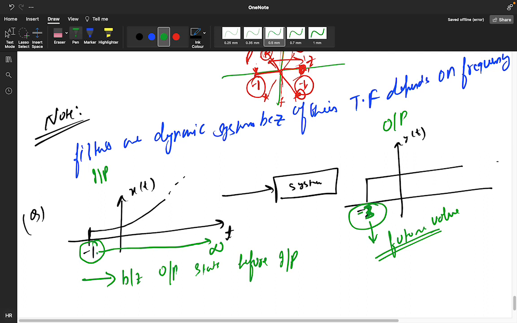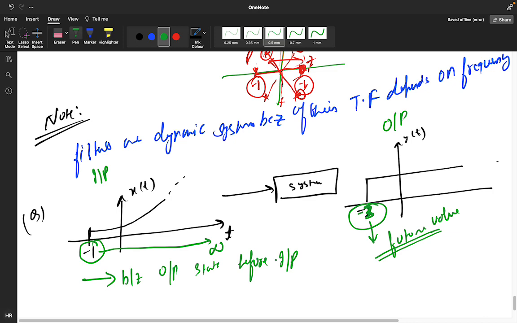Means your input starts at -1 and the output starts before the input, then the system will be non-causal.